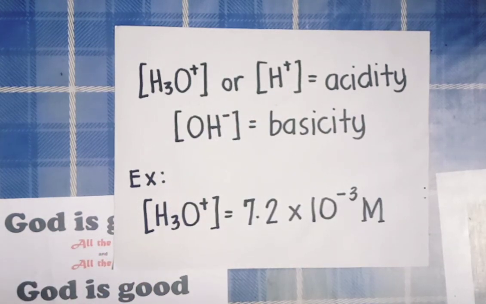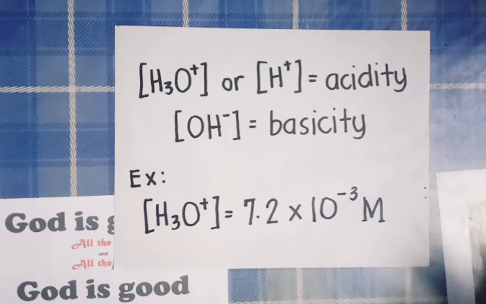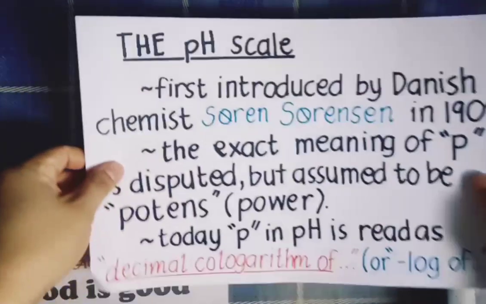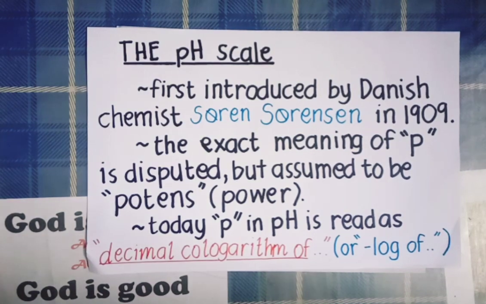And so in 1909, a Danish chemist named Søren Sørensen devised a way on how we can actually describe the acidity of a solution using this scale known as the pH scale. Okay? Now, the pH scale was first introduced by the Danish chemist Søren Sørensen in 1909.